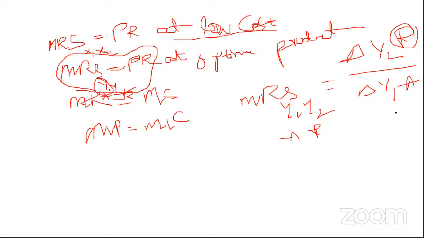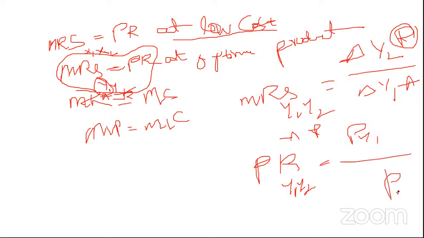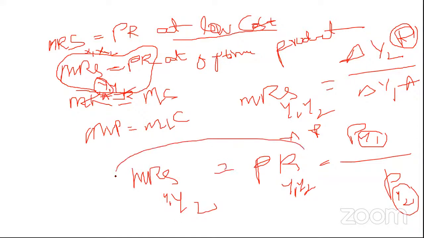This equals the price ratio, price of the added product y1 divided by price of the replaced product y2. So the marginal rate of substitution of y1 for y2 is equal to the inverse price ratio of y1 for y2. This is the optimum point.